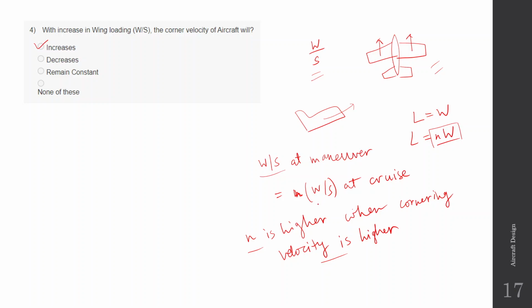So the opposite is also true. Actually, it should be the opposite: the higher velocity causes the higher wing loading. The higher wing loading does not cause the higher velocity. But anyway, these two are correlated. So with increase in wing loading, the corner velocity is going to be higher.